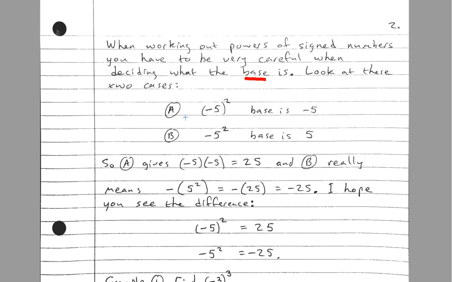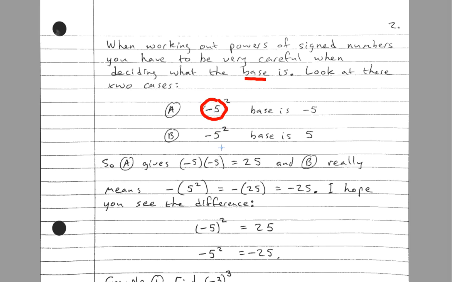So here in A, we have the quantity (-5) to the power 2. And here we have, this looks slightly different, we just have -5 to the power 2. Okay, so the parentheses here are telling us that the base on this one is -5.